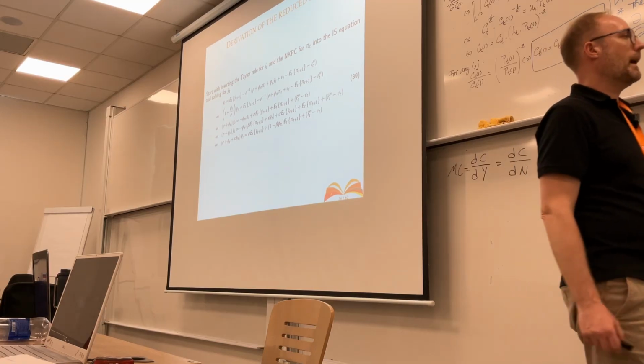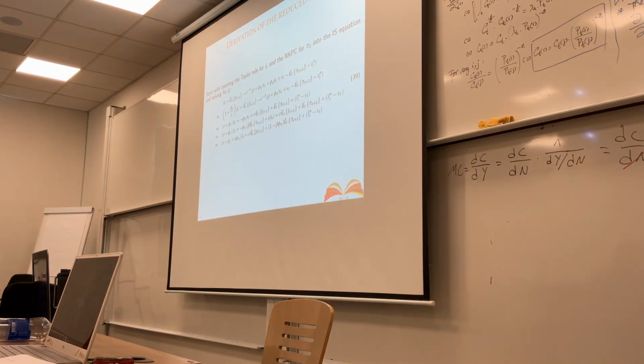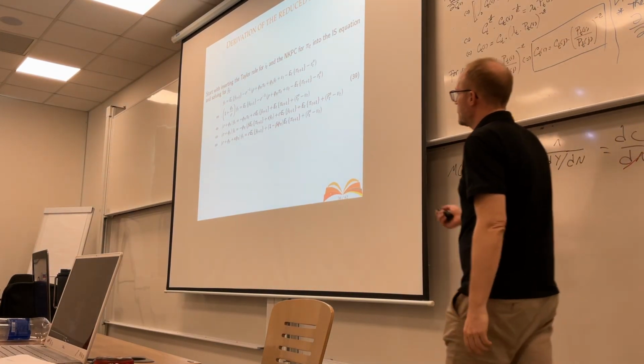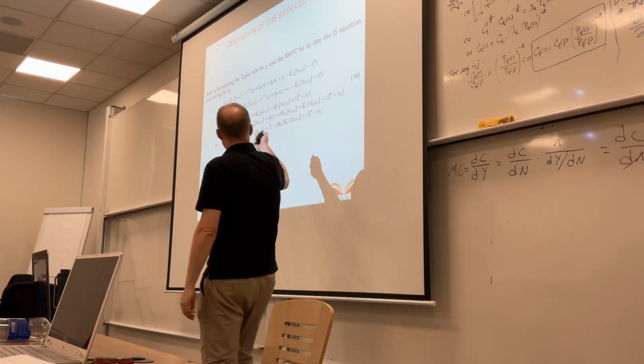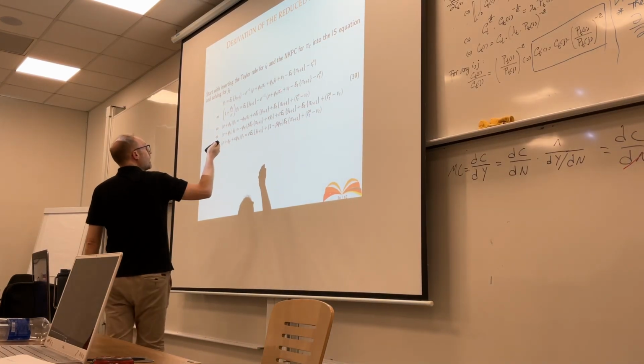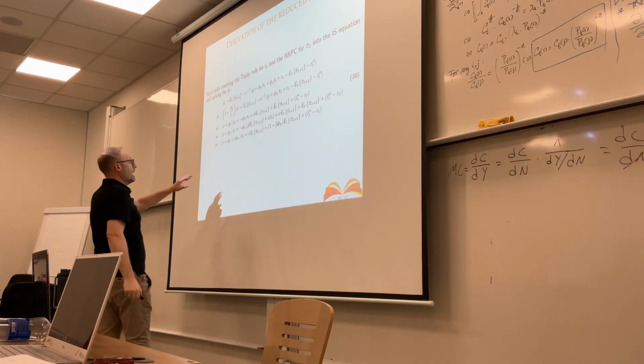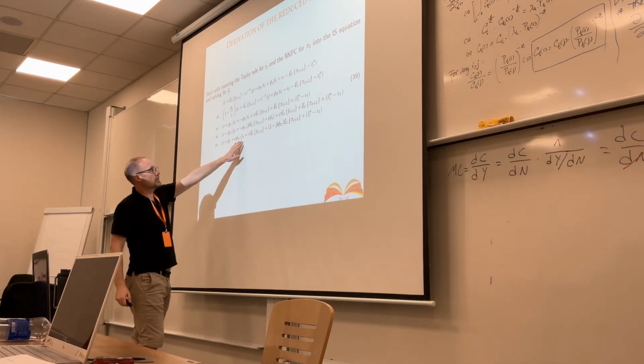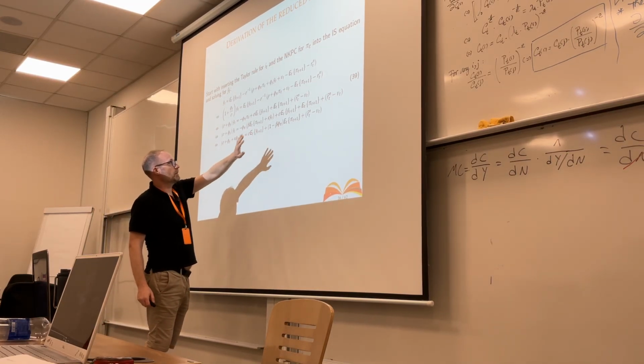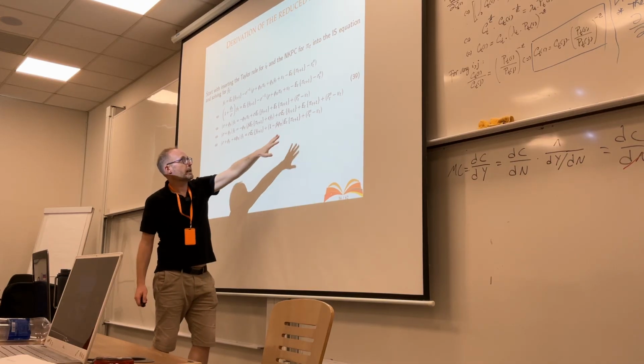We need to get rid of this pi t. Fortunately, we can get rid of this pi t very easily by inserting the New Keynesian Phillips curve right there. And so then we have an equation where we just have y tilde, expected y tilde, and expected pi, and exogenous variables.